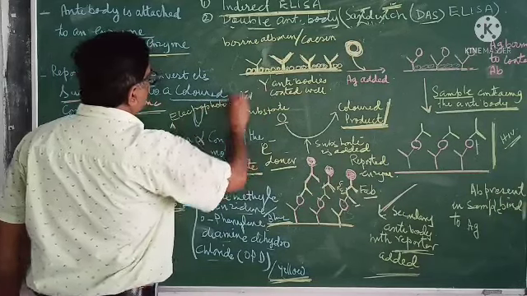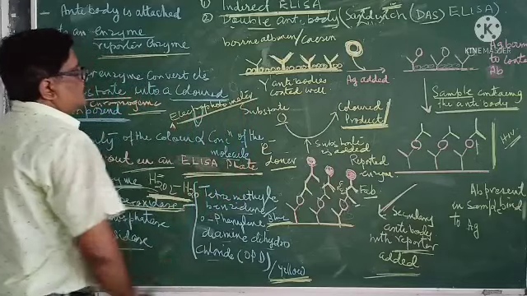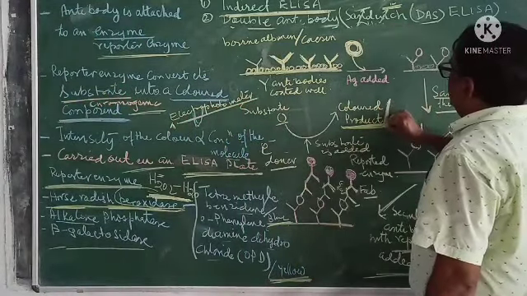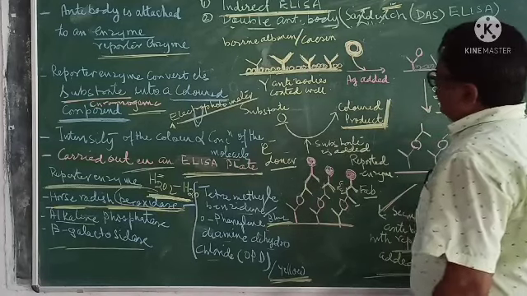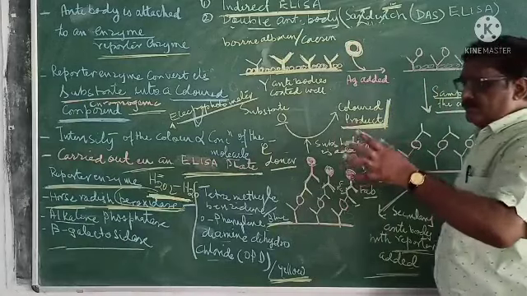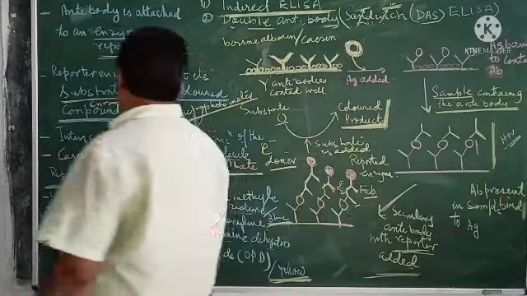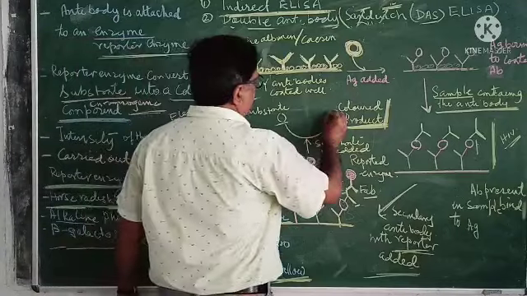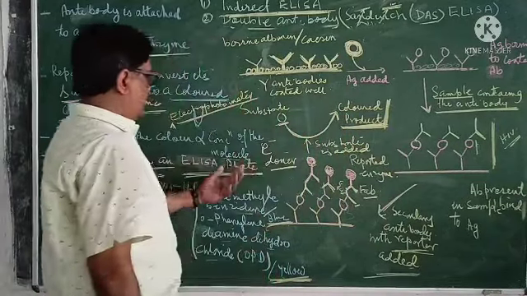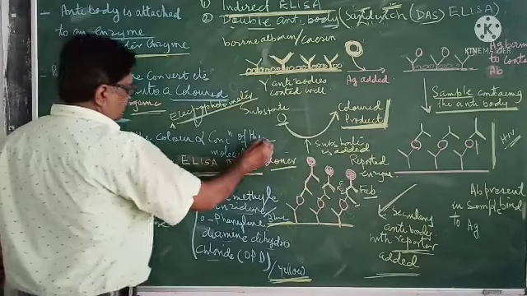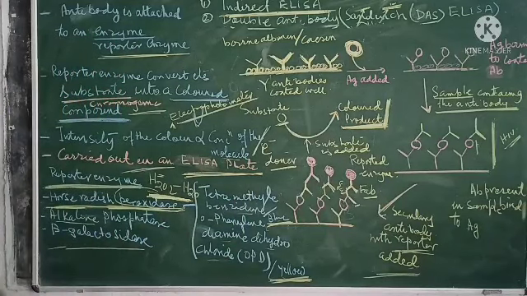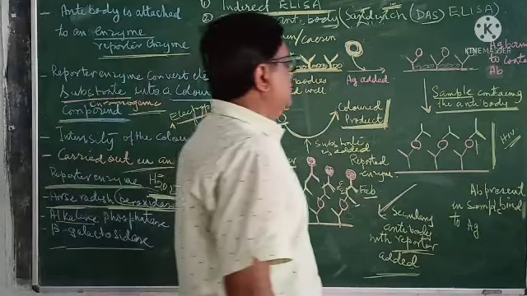There is an apparatus which can give the measurement of intensity of the developed color, and by the formula we can estimate or calculate the concentration of the antibodies present in the sample.